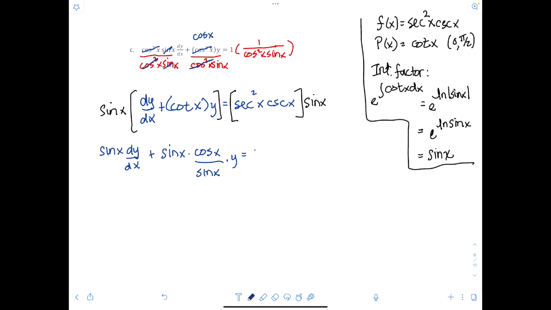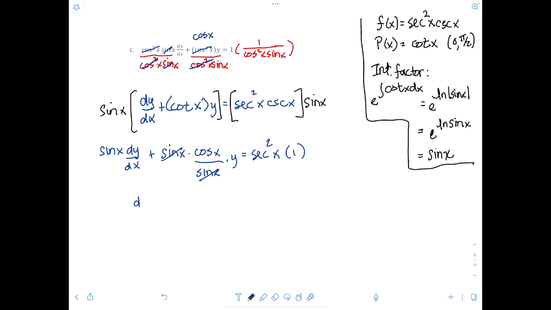That's all going to be secant squared of x. Well, the cosecant of x times sine of x is just 1. They're reciprocal functions. So then, cleaning this up, let's see what happens.